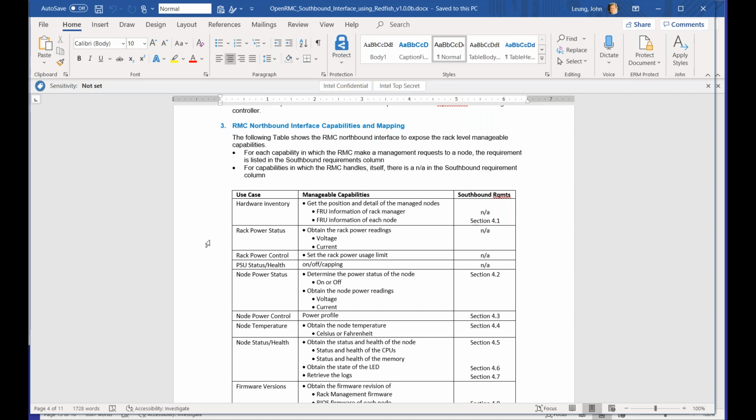So when we do the southbound, are we going to penetrate through the CMC to the deeper level of BMC, or just stop at the chassis manager, which would collect all the underlying information? Also, are we going to think about other types of nodes, maybe an acceleration box, a power shelf, or even a cooling controller box?